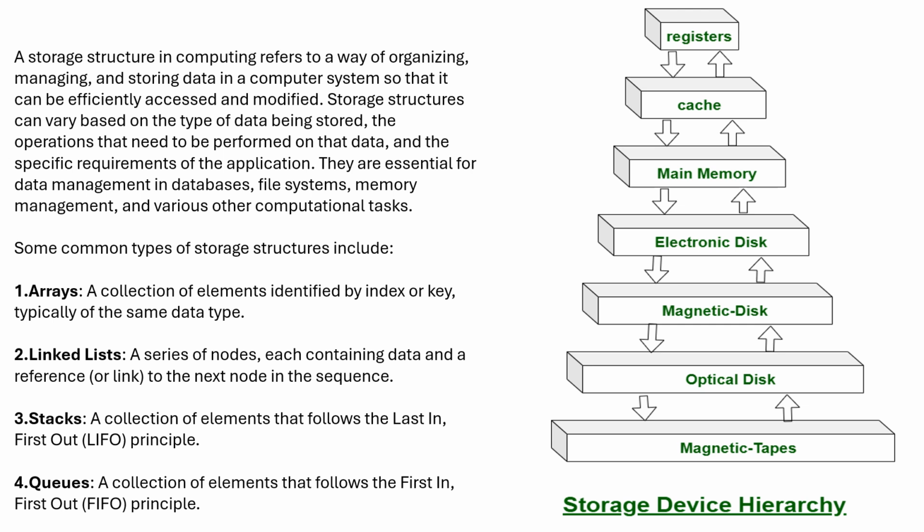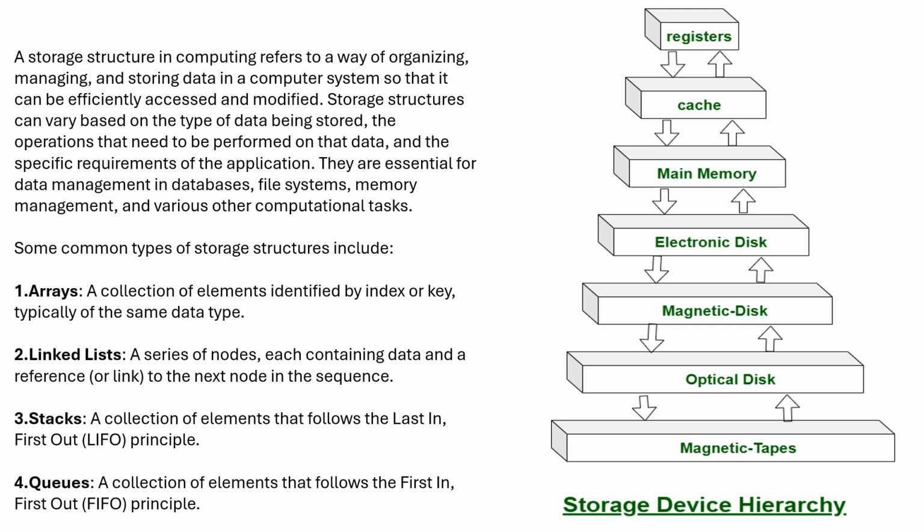In this image, we can see the storage device processing. Some common types of storage structures include arrays. A collection of elements identified by index or key, typically of the same data type, is called an array.